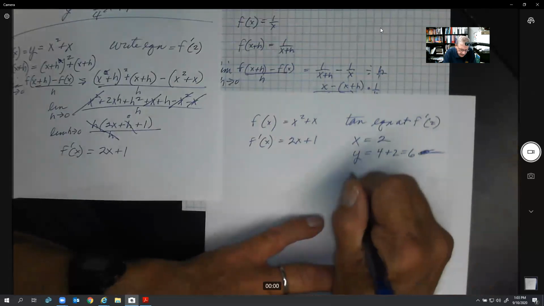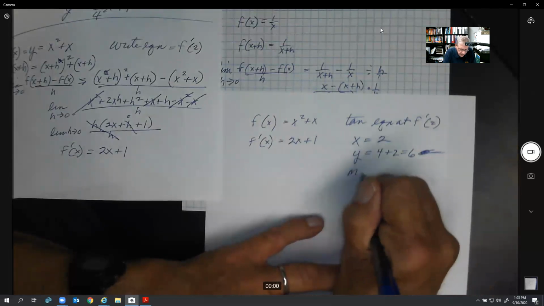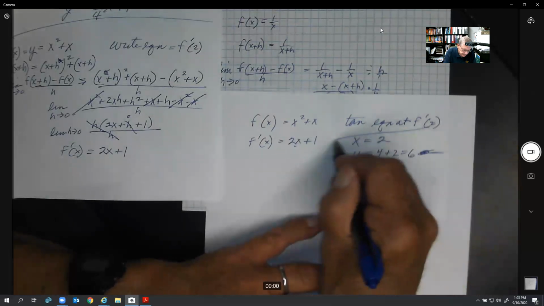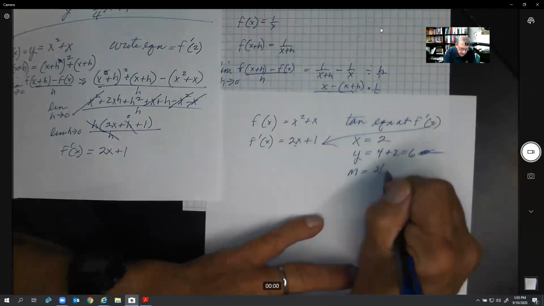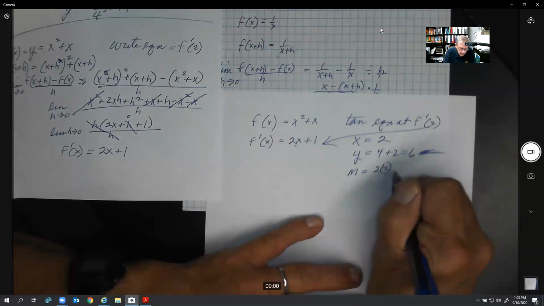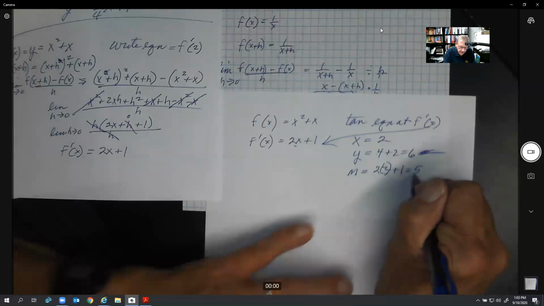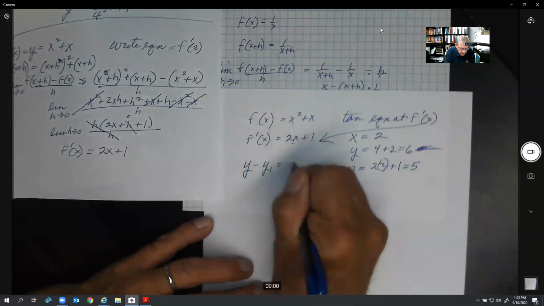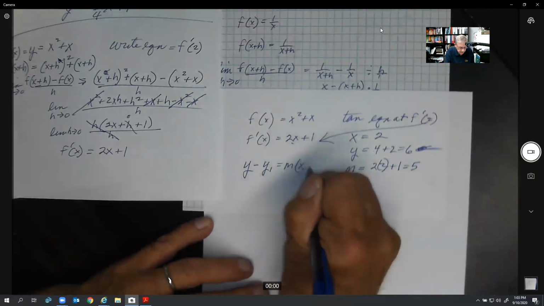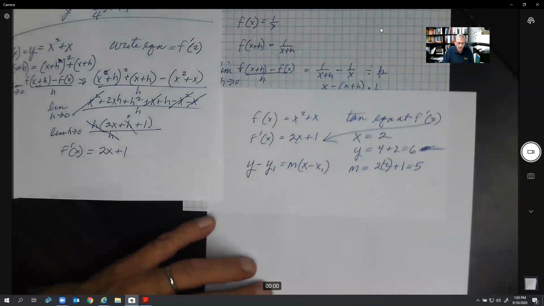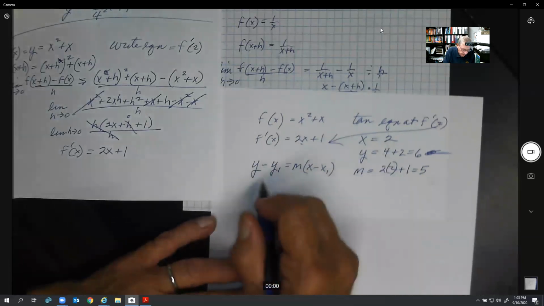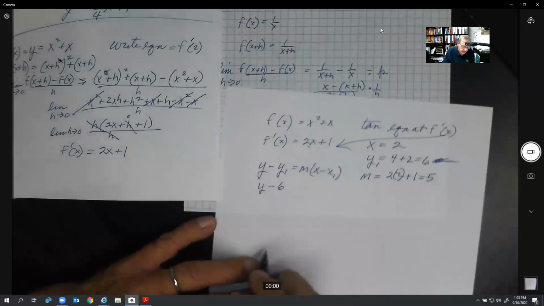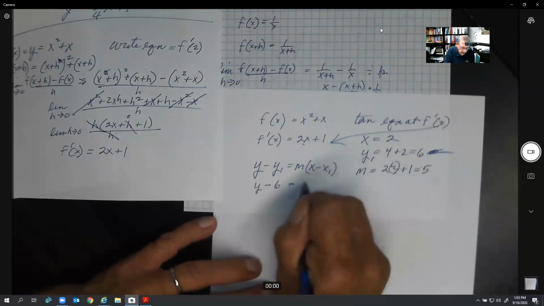Now we want to find our slope, m. So we're going to put this 2 into our first derivative, and that would be 2 times 2 is 4, plus 1 is 5. Now we can put it in our formula: y minus y sub 1 is m times x minus x sub 1. So let's substitute them all in. Y minus y sub 1, 6. That's y sub 1. M, 5.